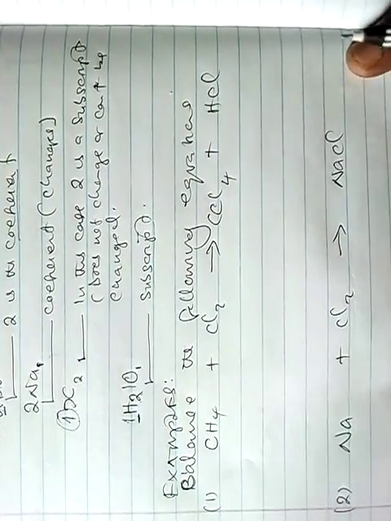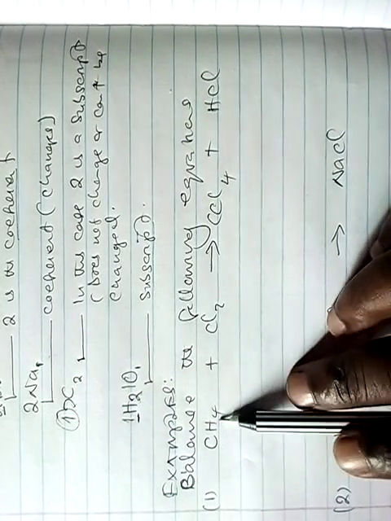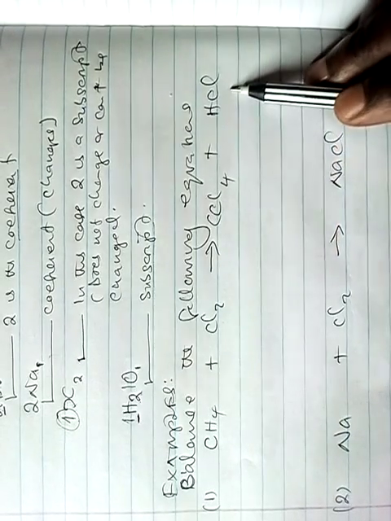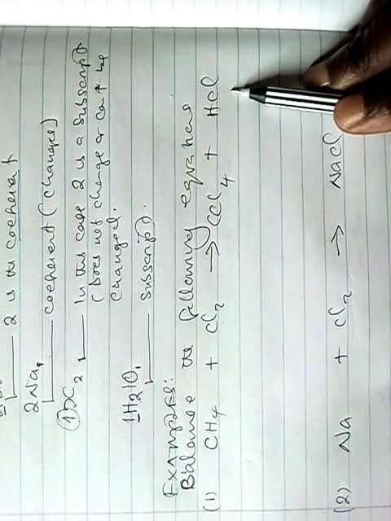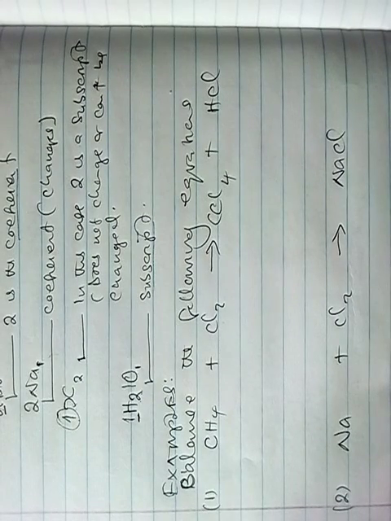Then an example: balance the following chemical equations. This one we have methane plus chlorine, giving this chloride plus hydrogen chloride there. Don't get confused about this, because knowing the names of compounds and atoms is a lesson on its own. We want to focus on how you can balance.